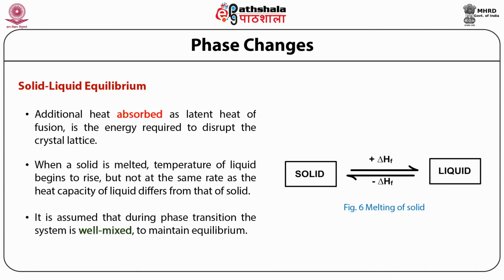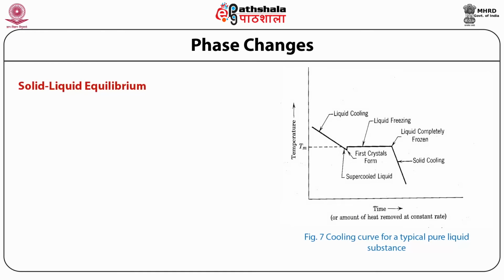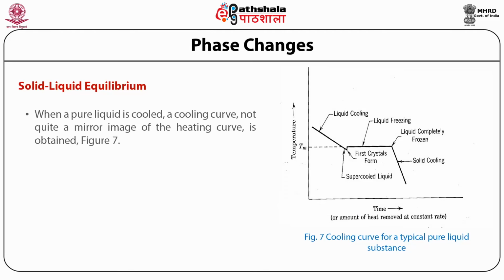It has been assumed that during phase transition the system is well mixed so that an equilibrium is maintained as shown. If we reverse the process just described and cool a pure liquid, we obtain a cooling curve that is not quite a mirror image of the heating curve.